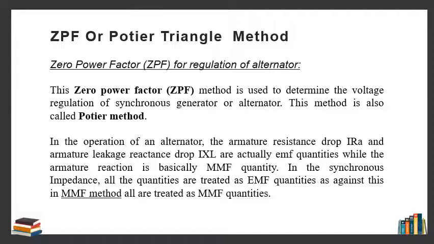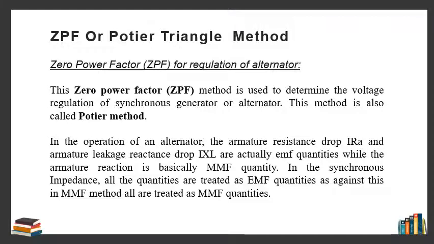In the operation of an alternator, the armature resistance drop I into Ra and the armature leakage reactance drop I into XL are actually EMF quantities, while the armature reaction is basically an MMF quantity.